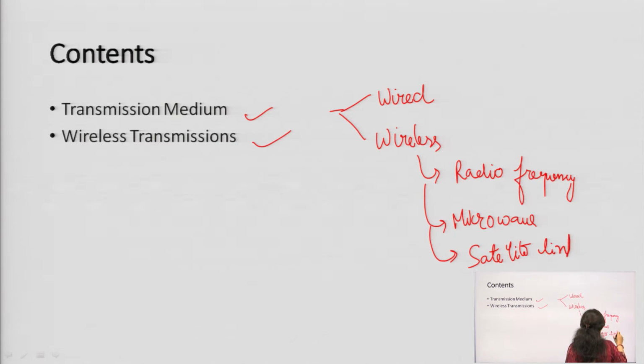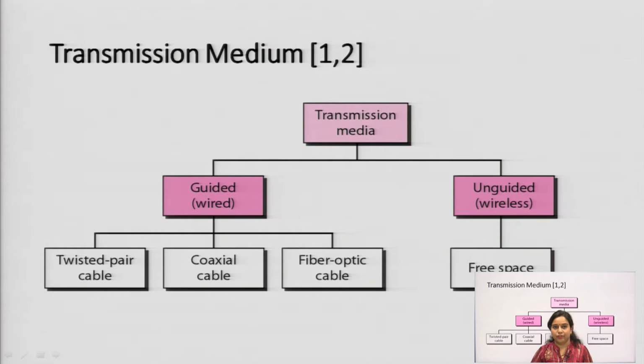So, these are the cases related to wireless communication, but in case of wired communication, twisted pair cable, coaxial cable, we are going to discuss in the lecture also. Wired connection is twisted pair cable, coaxial cable, optical fiber cable. These connections have to be set up as a part of the transmission medium in the case of wired connection.